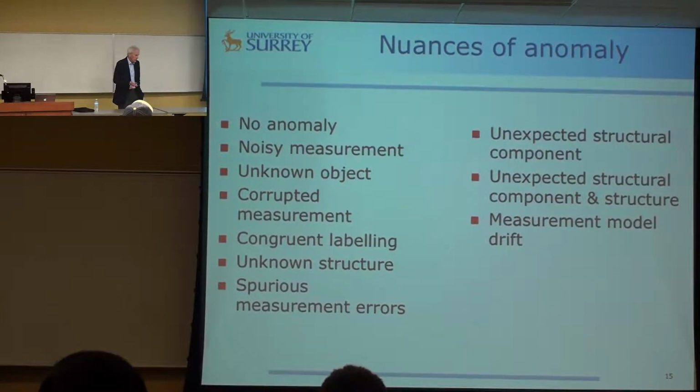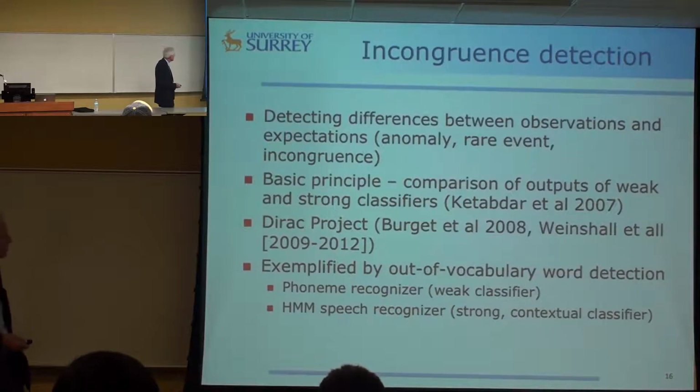Because if, as we saw in the speech example earlier, I have corrupted speech data, I should not be interpreting it. I will not be able to recognize the content, but I should not be interpreting it as an anomaly. I should just be able to detect that the data quality is different from the data quality I designed my machine perception system for, and make a decision accordingly.